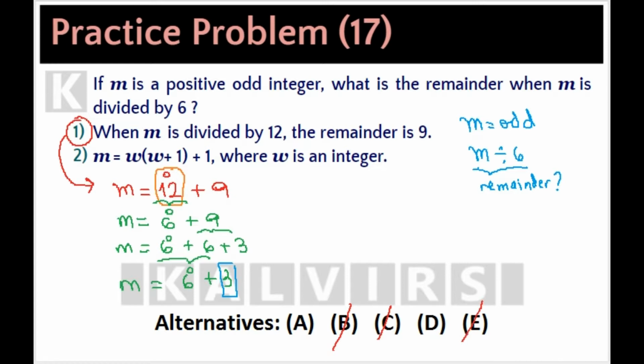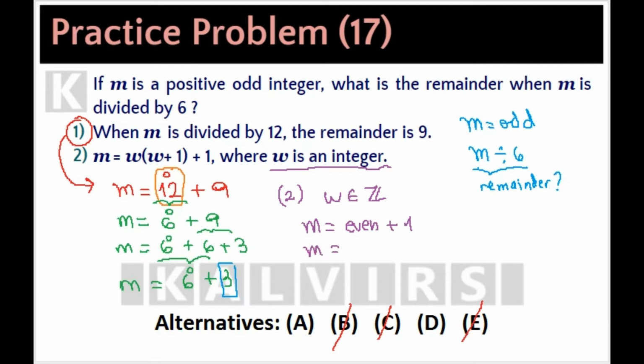Now, from statement 2 alone, m is w times w plus 1, where w is an integer. If w is an integer, the product of two consecutive integers is always even. Therefore, m is an even number plus 1.